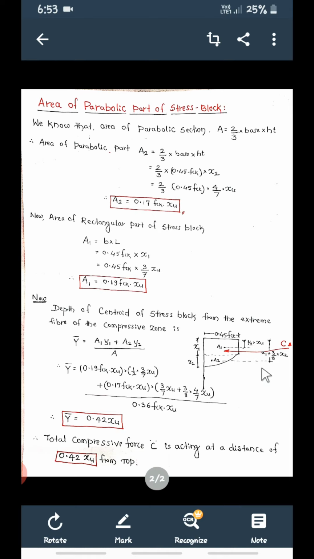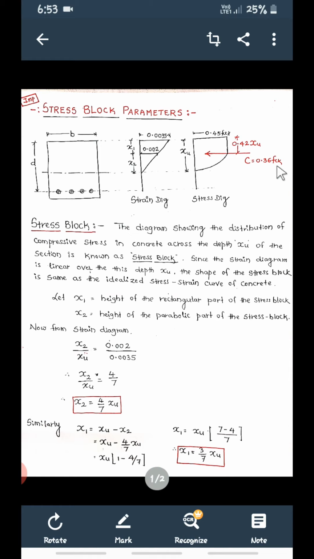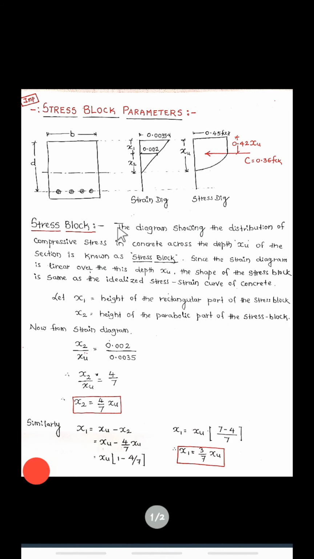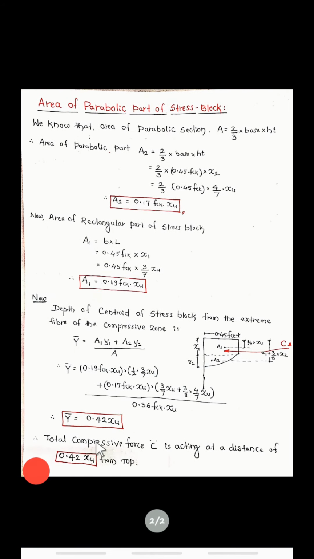So in the beginning classes we have written directly that the total compressive force C will be acting at a distance of 0.42 xu. Now how did we get this 0.42 xu? From today's session, we got Y bar equal to 0.42 xu.